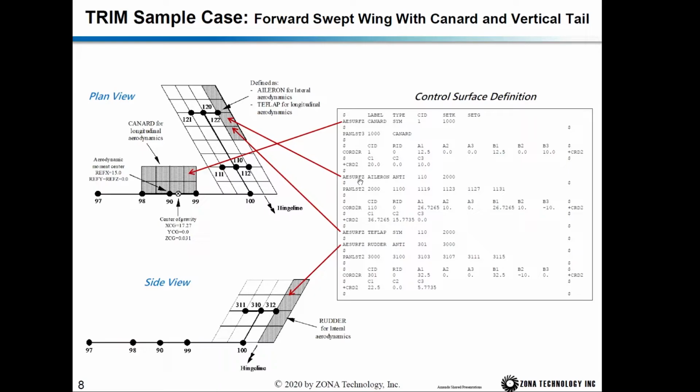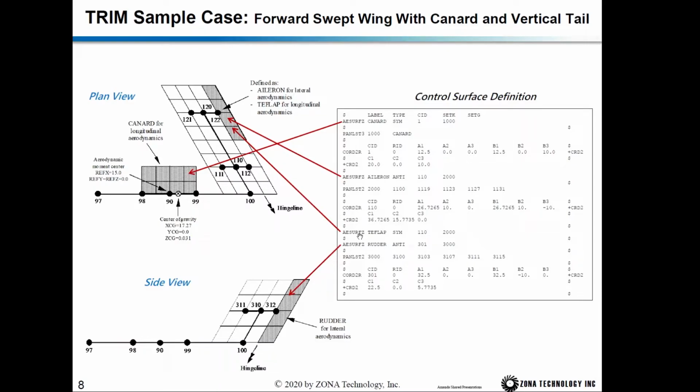The next one is called aileron, and we define it as an anti-symmetric control surface, and 110 refers to this CORD2R card, whose y-axis is the hinge line location. It refers to a PANLST2 card that lists out the panel IDs of those four panels to be the aileron.